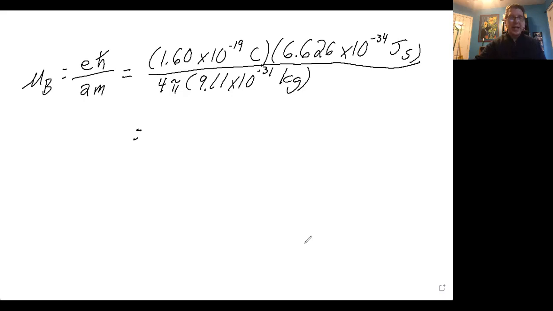And so I'm getting 9.26 times 10 to the negative 24, and again, that's joules per Tesla.